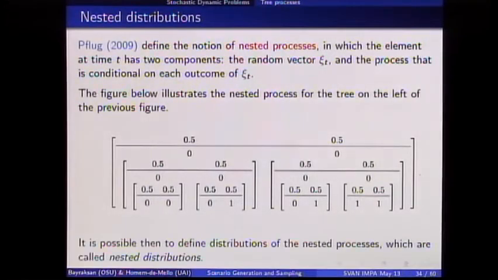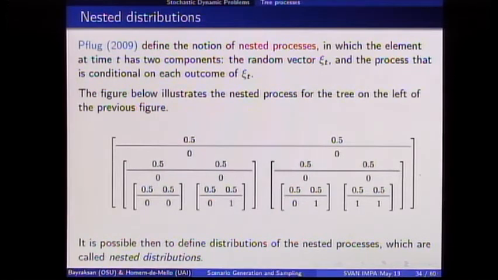So with that, right, with this extended notion of a process, one can define what is called a nested distribution, right? So it's like a distribution on this space of these entities here, right, which are now pairs, right, C's and these conditional probabilities.